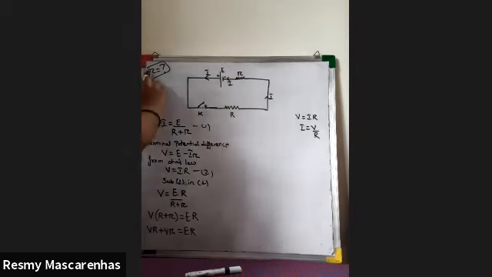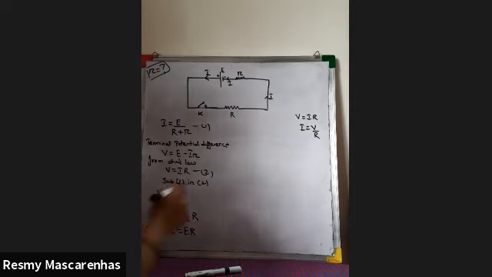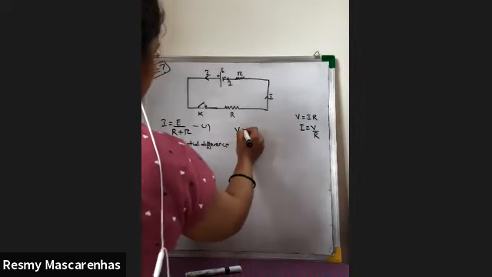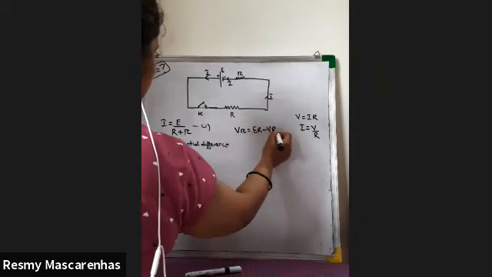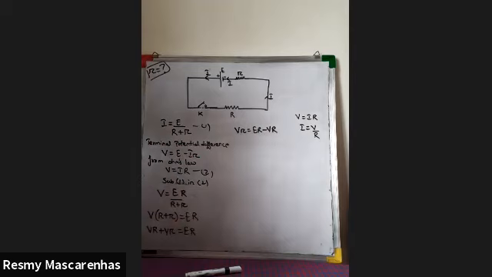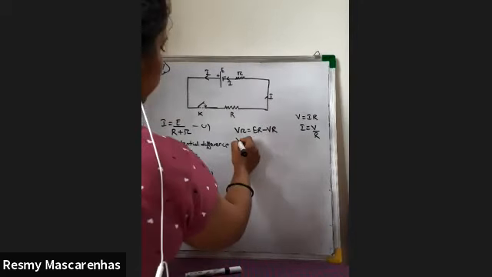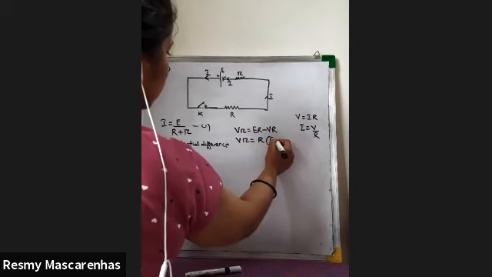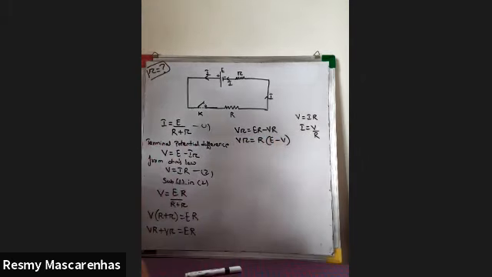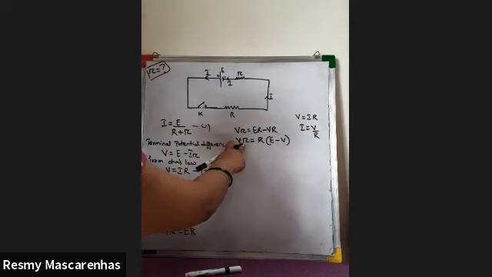Now we want r, small r. So the small r term I'll keep on one side, the capital R term I'll take on the other side. So it will be Vr is equal to ER minus VR. Here you can take R common. You will get E minus V. And finally we want r, small r.